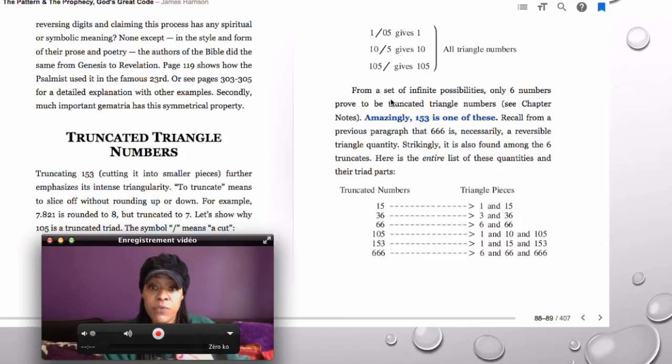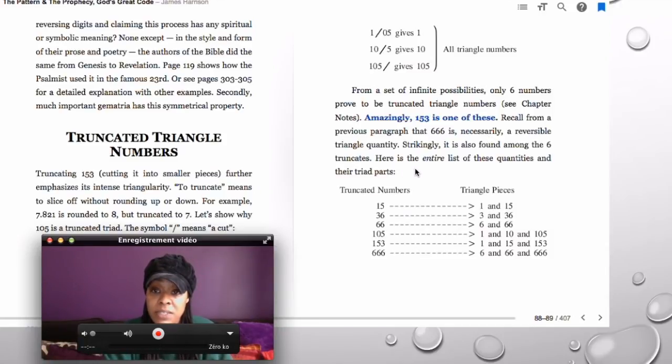So from a set of infinite possibilities, only 6 holy letters prove to be truncated triangle numbers. 153 is one of these.